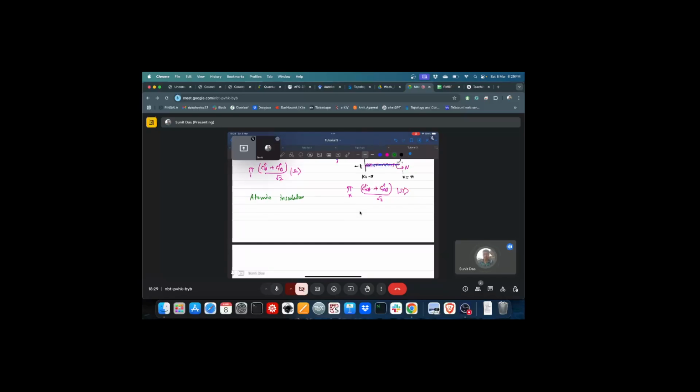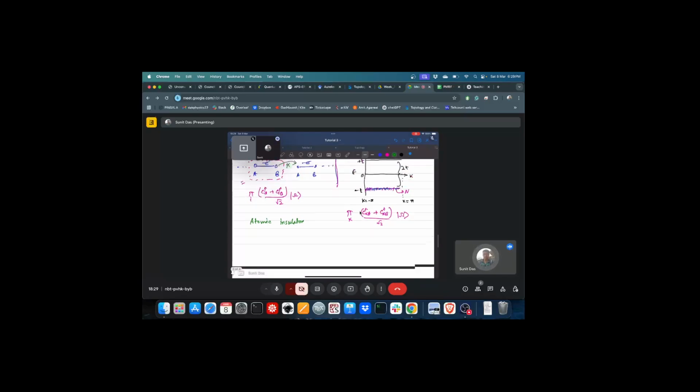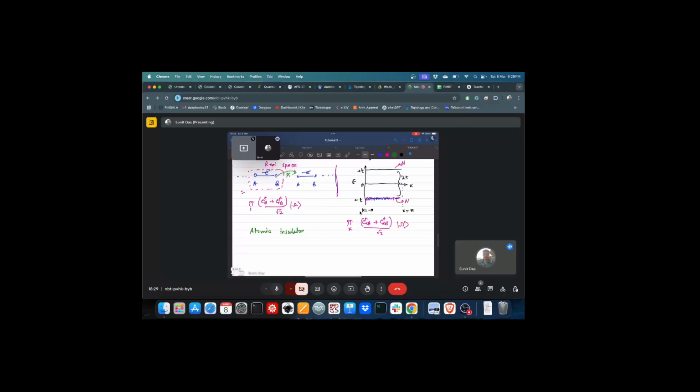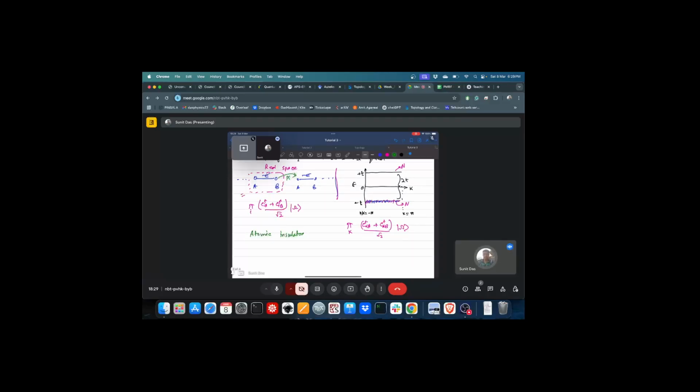Why atomic insulator? Because the electrons are centered or frozen around some atoms. In this case it is frozen within the unit cell itself. The electrons cannot hop, so they cannot move, and as a result when you apply an electric field or external perturbation, they do not conduct electricity.